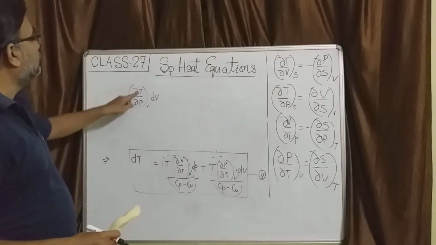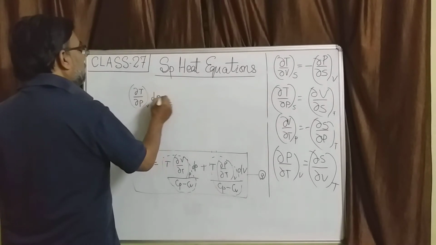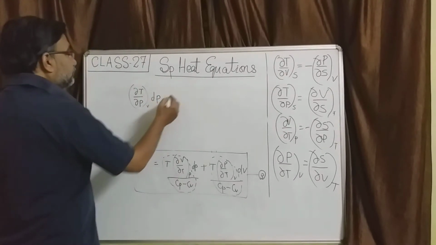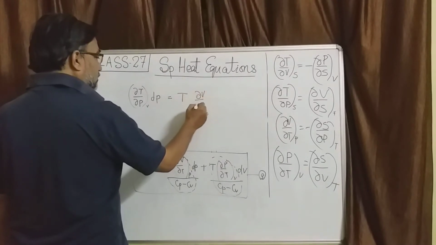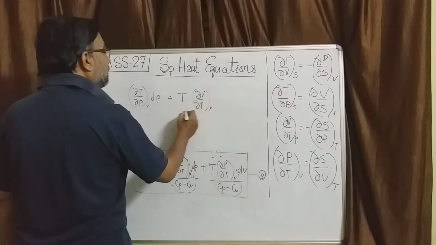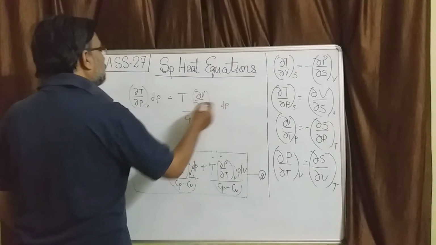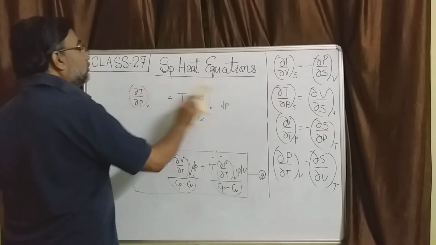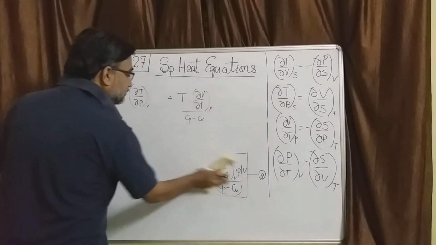T is equal to dT, dP, V, dP is equal to this one, T del V del T by Cp minus Cv dP, or this is equal to this. Okay, this is equal to this.